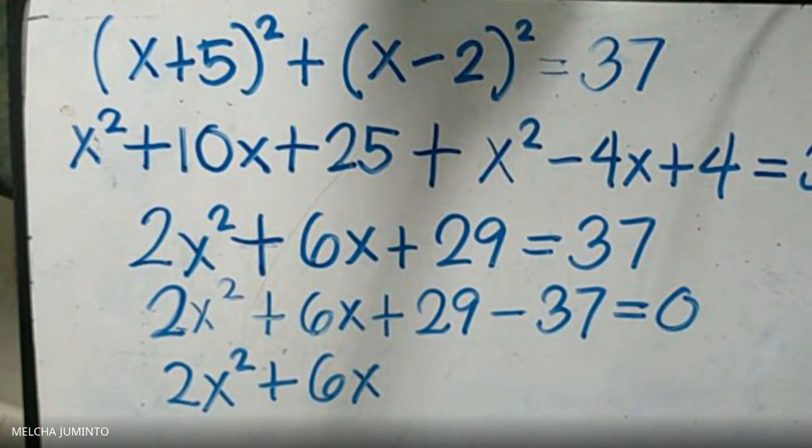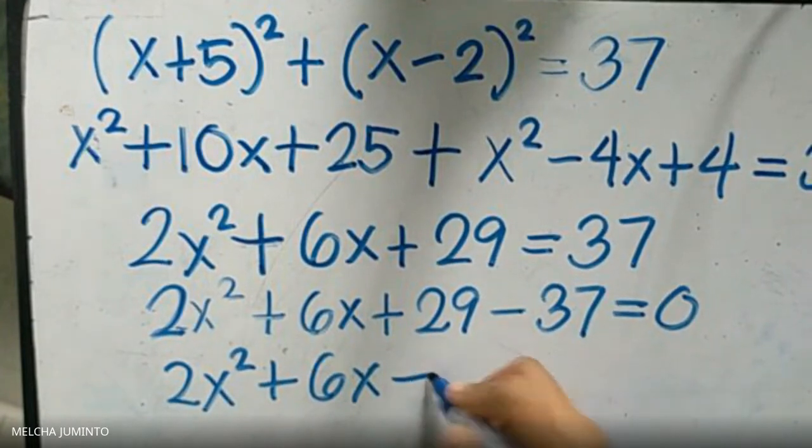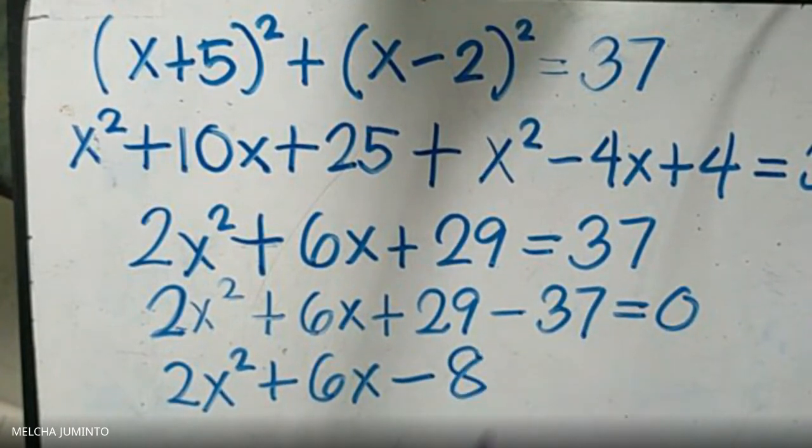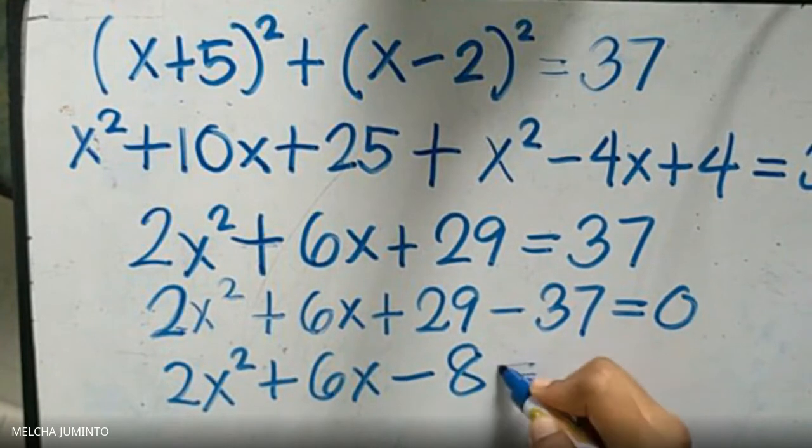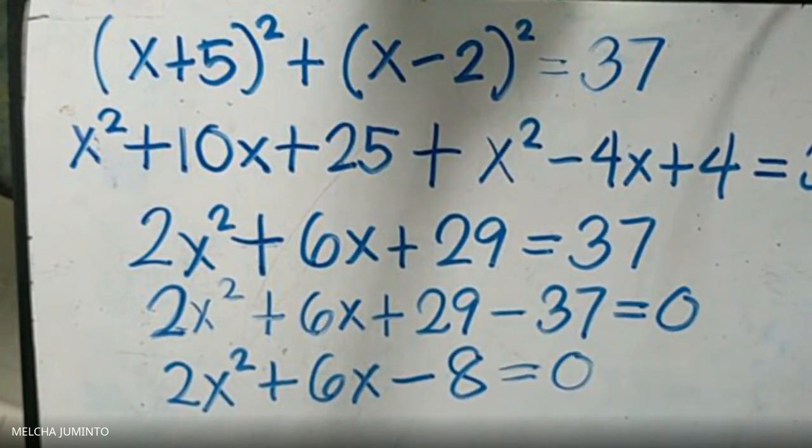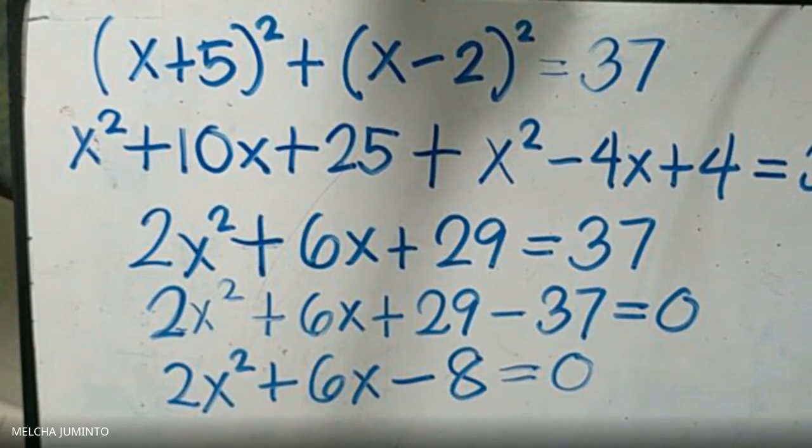So 37 minus 29 is 8. The sign is negative because 37 is bigger than 29. So negative 8 equals 0. Now at this point, you can see that we have a trinomial, 2x squared plus 6x minus 8 equals 0. This is now a quadratic equation. We have 2x squared plus 6x minus 8 equals 0.